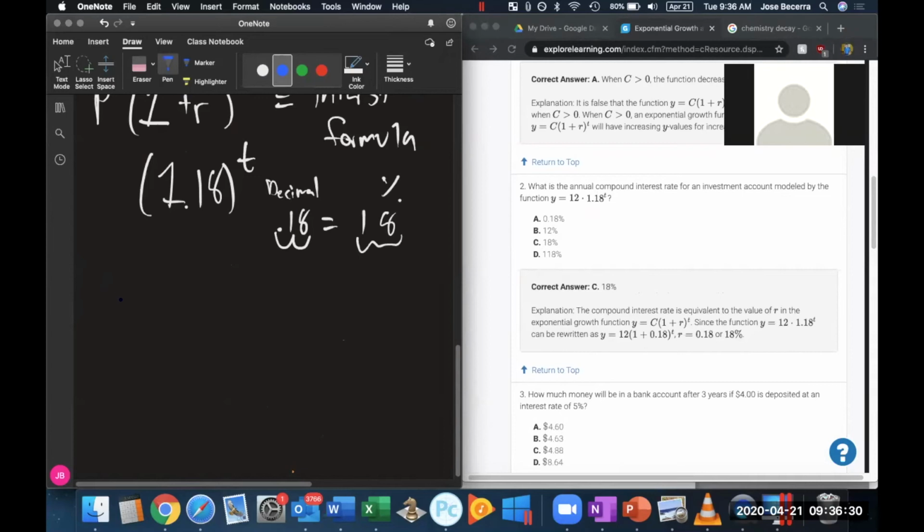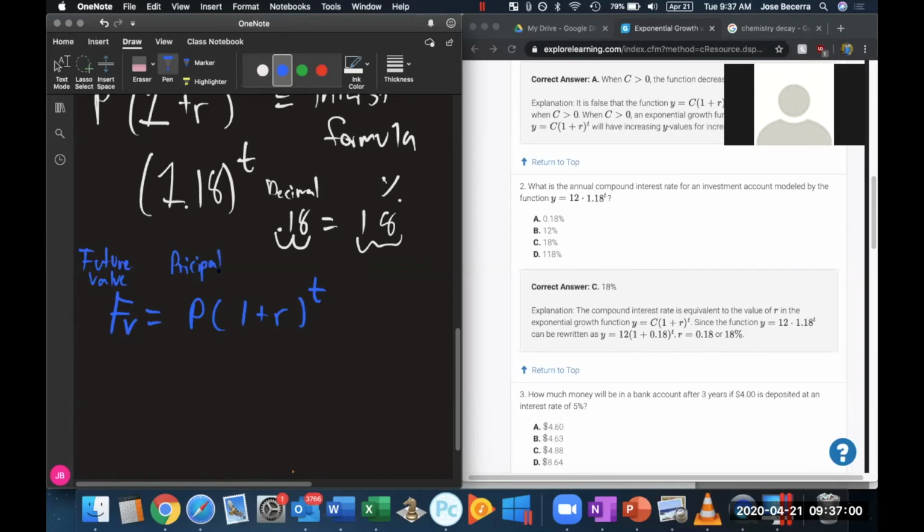I like to use the formula F is equal to P times 1 plus R raised to the t power. The reason for that is because F stands for future value. Sometimes I call this FV. P stands for principal.